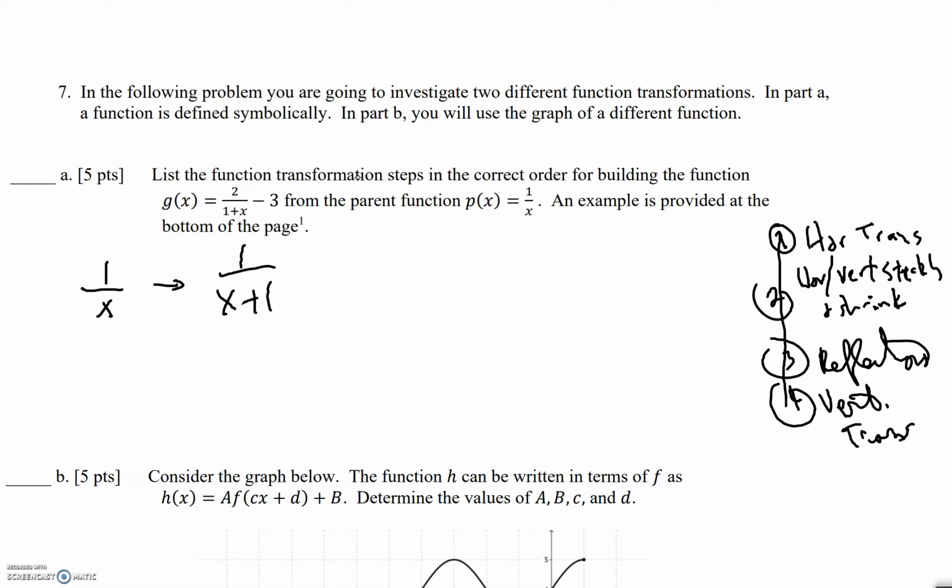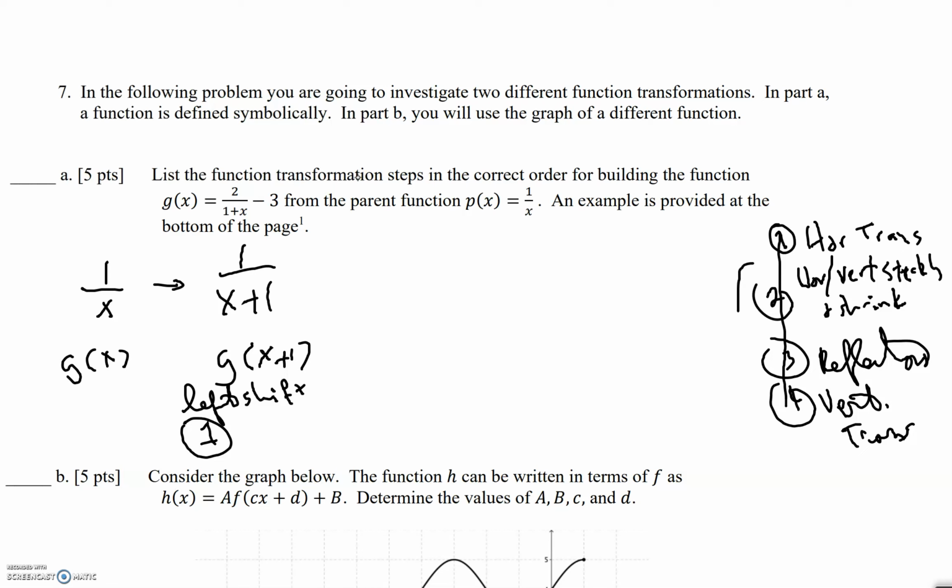That's the same thing as P of x plus 1, and that's going to be a shift. We can write out what we're actually doing here. This will be a shift left one unit.